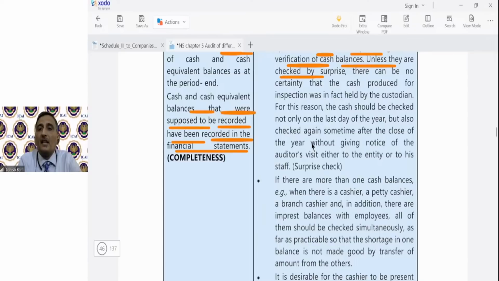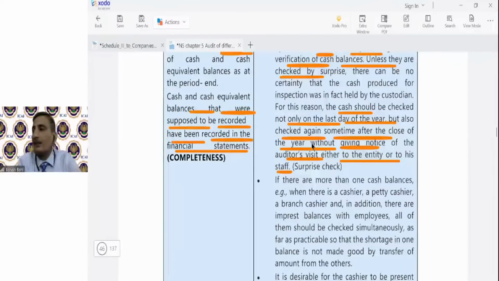So cash should be checked not only on the last day of the year, but also checked again after some time, after close of the year, without giving notice of the auditor's visit, either to the entity or to his staff.